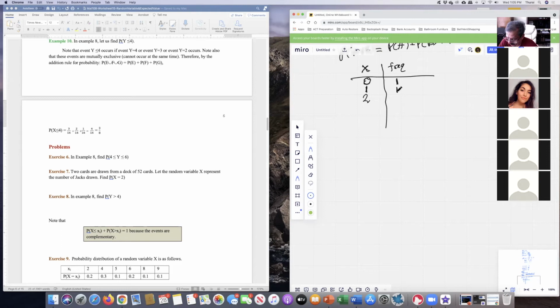So the arrangements wouldn't matter. No, the value of the random variable doesn't represent the order. So the order doesn't matter. So therefore you can have one jack and the other one is not a jack.